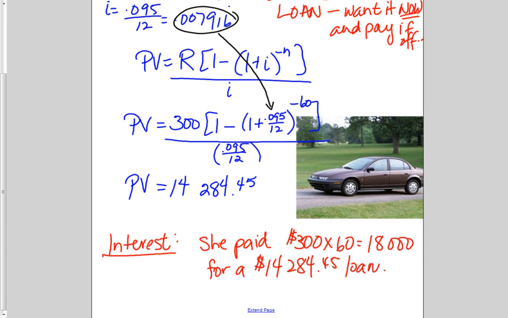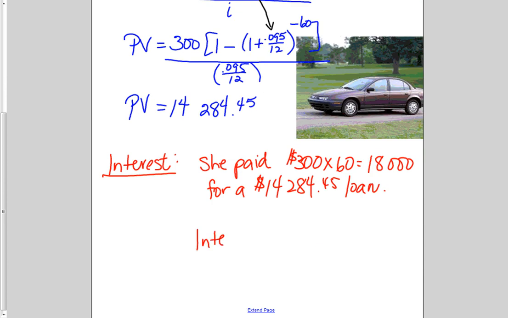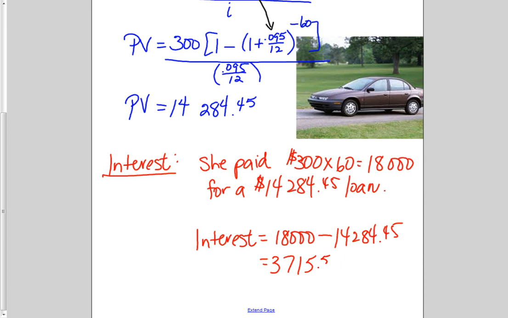So her interest: $18,000, subtract what they actually gave her for a loan, $3,715.55 in interest.